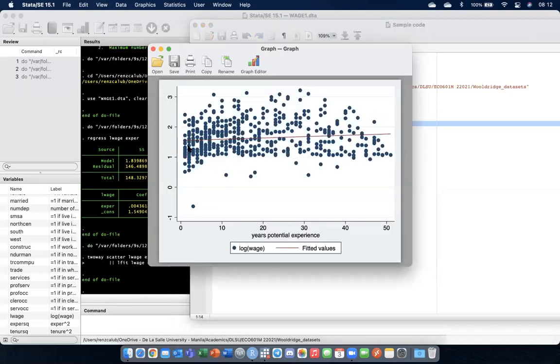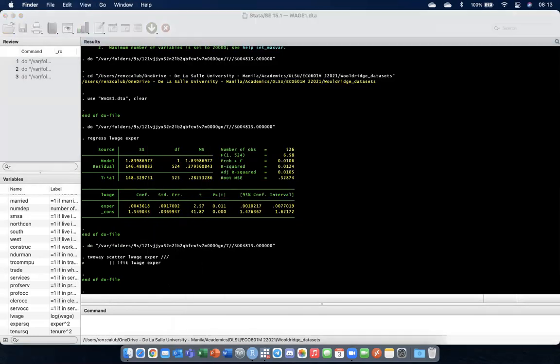So see, we're trying to fit. This is your data points that compare your years of potential experience with log of wage. Now, this red line captures your OLS results.